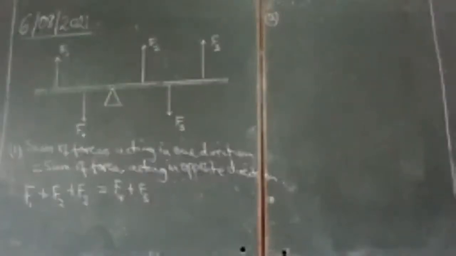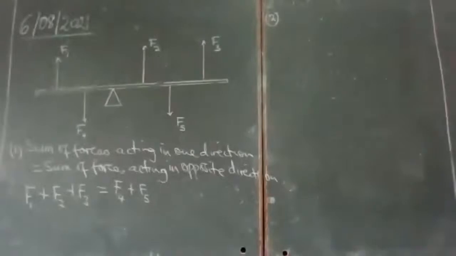I wanted to ask, can't we also consider the clockwise and anti-clockwise directions if we're explaining the first condition? You are now talking about direction, but clockwise and anti-clockwise come as a result of forces creating a turning.